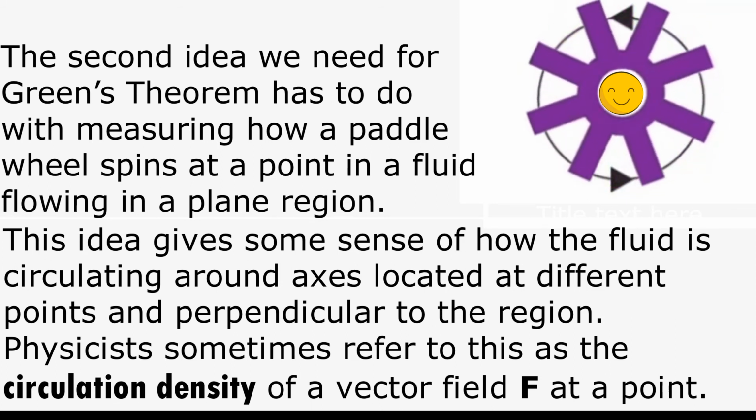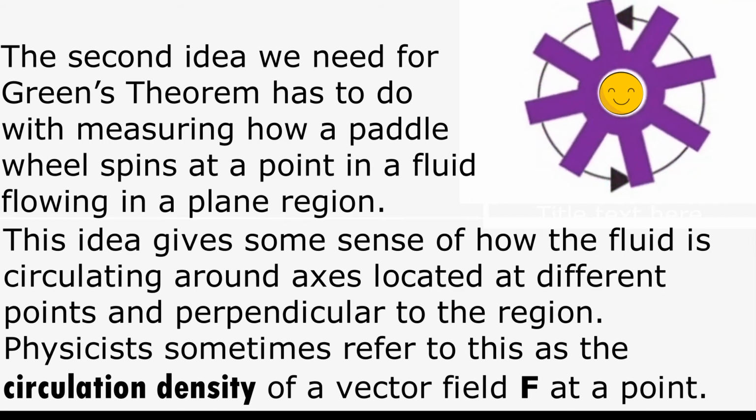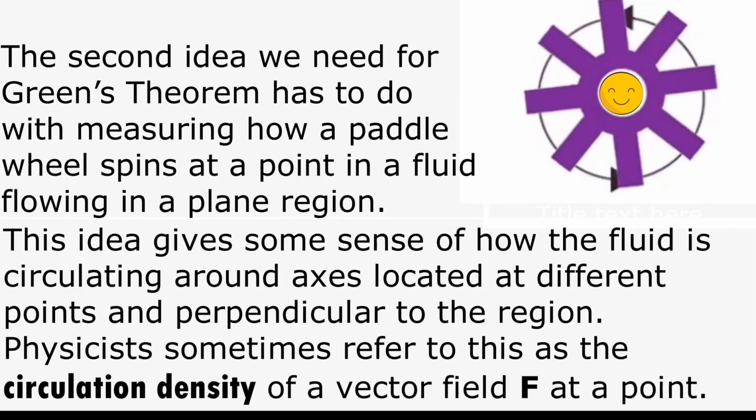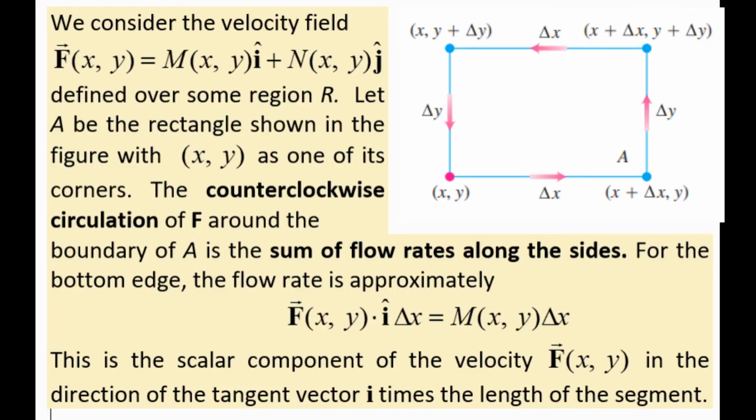Physicists sometimes refer to this as the circulation density of a vector field F at a point. To obtain it, we consider the vector field F(x, y) = M(x, y)i + N(x, y)j and the rectangle A in the xy plane.